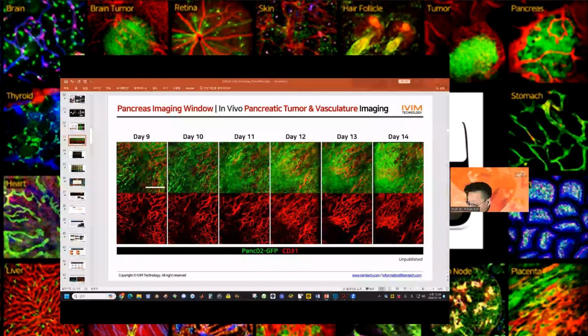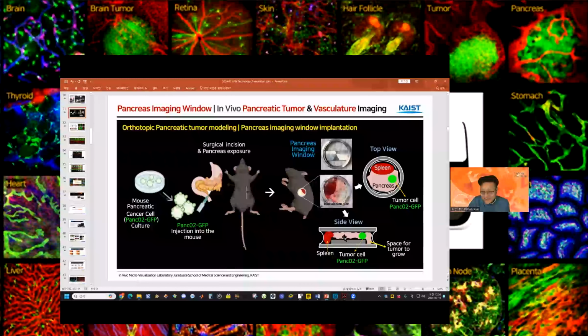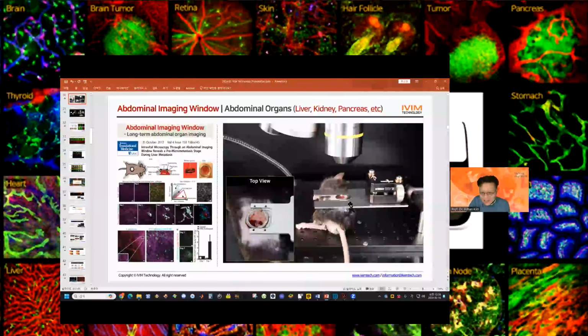And then the next question is, how do we deal with the motion artifact from breathing during pancreatic imaging? Do we fix the pancreas to the peritoneum to assure that you image the same region during every session? Yeah, I think I already answered actually. For the pancreas imaging, we use this pancreas imaging window, and this imaging window itself is fixed with this metal frame like this.